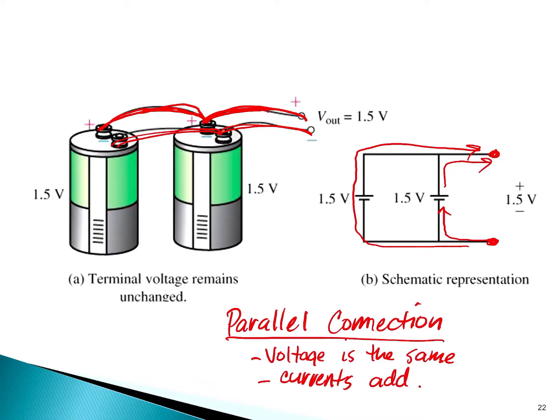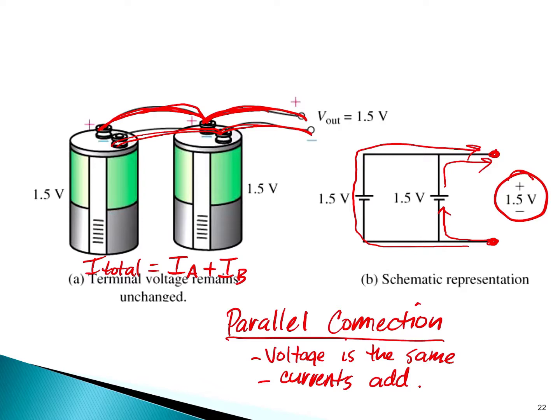So if we've got a 1.5 volt battery and we put it in parallel with another 1.5 volt battery, our total voltage is going to be 1.5 volts, but our total current will be battery A's current plus the second battery's current, IB.